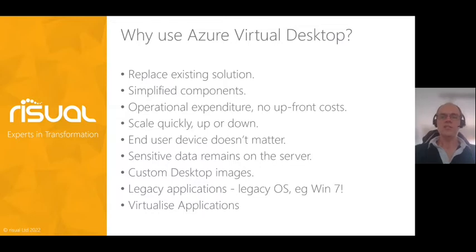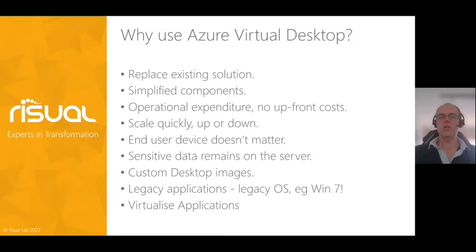As we mentioned previously, abstracting the desktop operating system means you don't have to be concerned about the underlying hardware or end user device. If your users access sensitive data, then that data remains on the remote server, reducing the chance of it being exposed on a portable device. You can provide custom desktop images if you have particular configuration requirements, or if you have that one legacy application which requires end users to be running Windows 7.